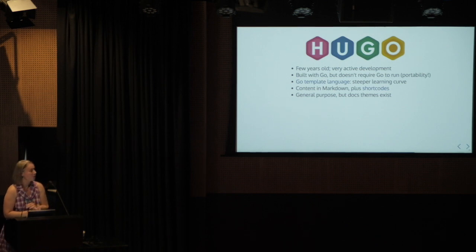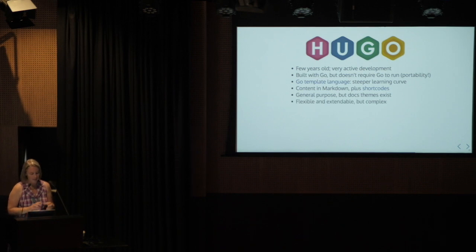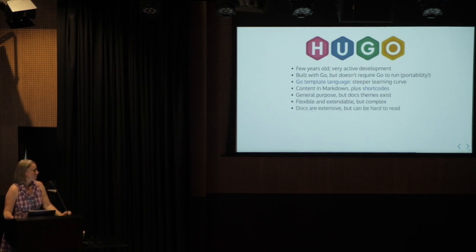Hugo is made to be more general purpose, but there are docs themes for it, and some of them quite good. It's also made to be very flexible and extendable, and becoming more so all the time, which also makes it somewhat complex. You can handle different sorts of contexts, different ways of handling the taxonomy of your content, but that can also make it very complex, which means that you need to rely on their docs some more, which can be extensive but also hard to read.